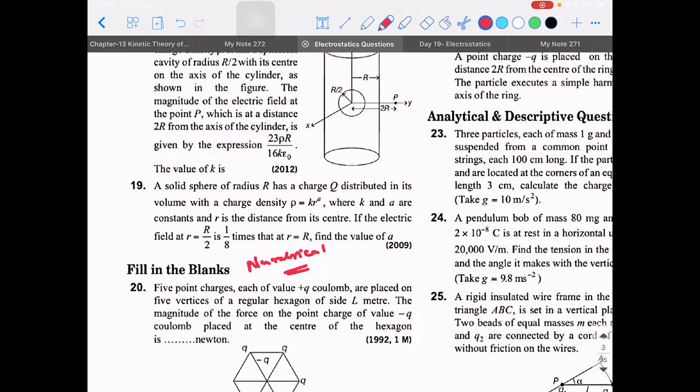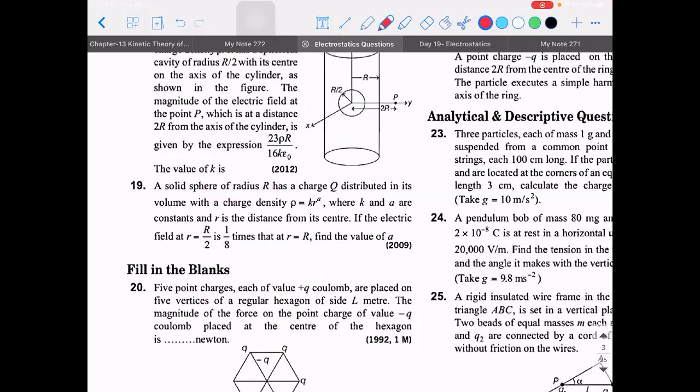So what concept are you planning to apply? Tell me. How will you do it? Anybody with the idea? Sir, with the volume charge density, you can find the effective charge at, for example, R by 2, and then find an expression for electric field using kq by r by 2 the whole square.